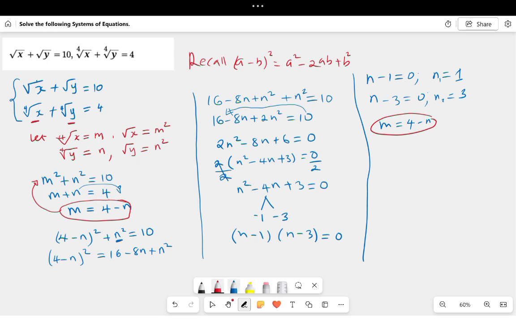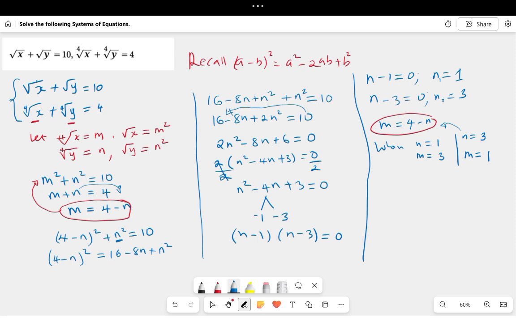So when n is equal to 1, our m is going to be equal to 3. And when n is equal to 3, by substituting in the equation above, our m is equal to 1.